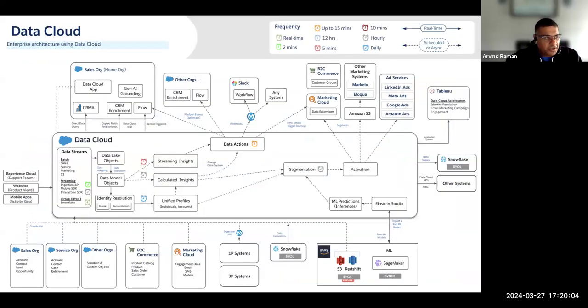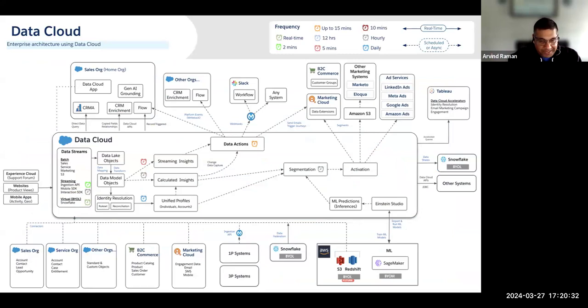Let's talk about this within the Salesforce universe. Like you saw on the marketing side for how Data Cloud works, that translates into this from an architecture perspective. So you have Data Cloud, and then you have all these different connectors from sales, service, and other orgs able to connect to it.